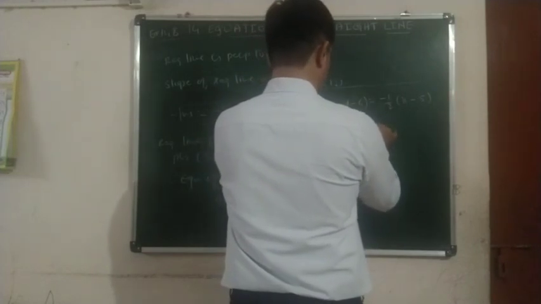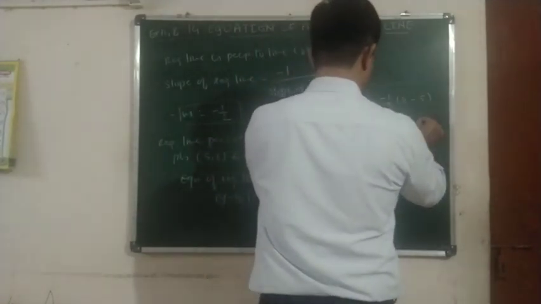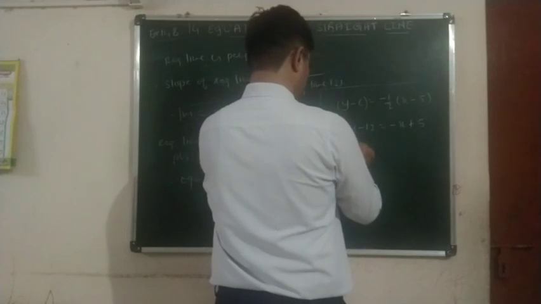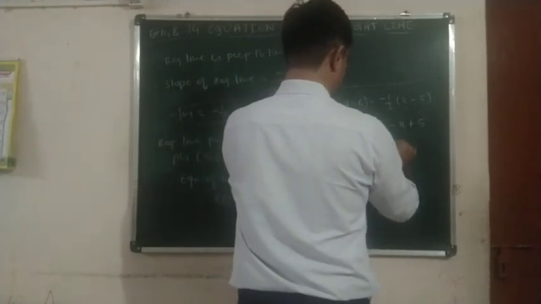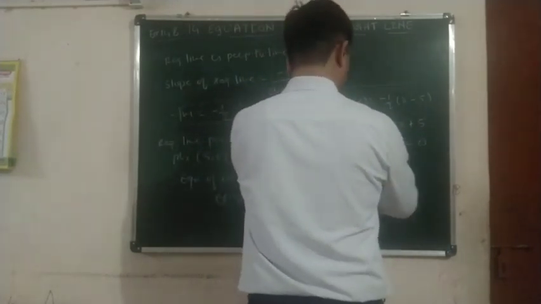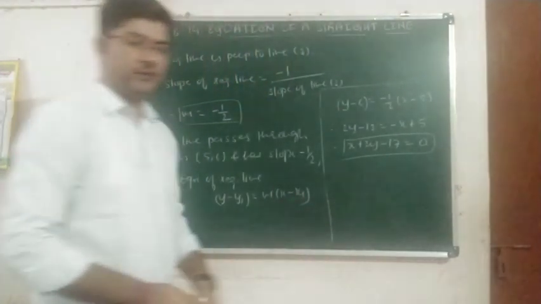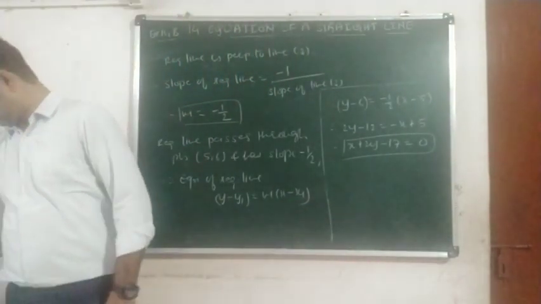Therefore 2y minus 12 is equal to minus x plus 5, and therefore x plus 2y minus 17 is equal to 0. This is the equation of the required line.